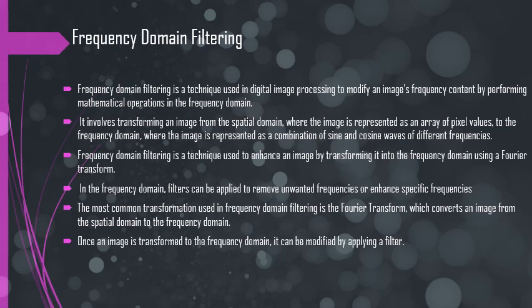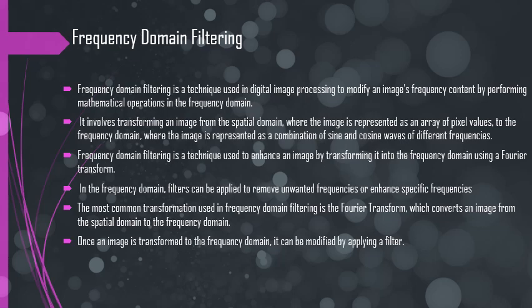Frequency domain filtering is a technique which is used to enhance an image by transforming it into the frequency domain using a Fourier transform. In the frequency domain, filters can be applied to remove unwanted frequencies or enhance specific frequencies.